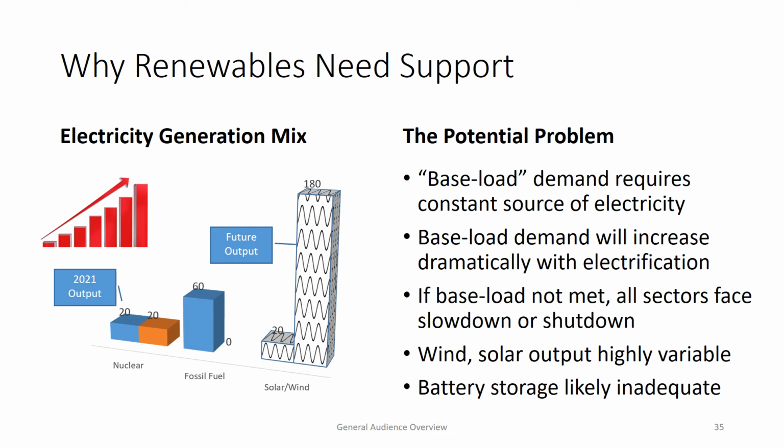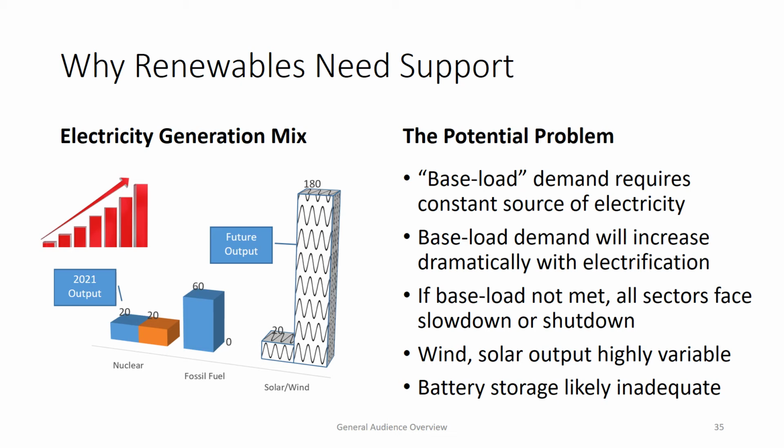Now, if we don't meet that base load demand, then let's pretend we've now electrified transportation, as we talked about. So, okay, we've got a limited amount of fuel left in the vehicle. And if there's a catastrophic event for some reason, you can't just drive off someplace and deliver things like you can now, so we face a shutdown or a slowdown.